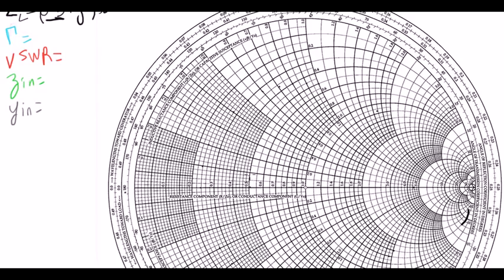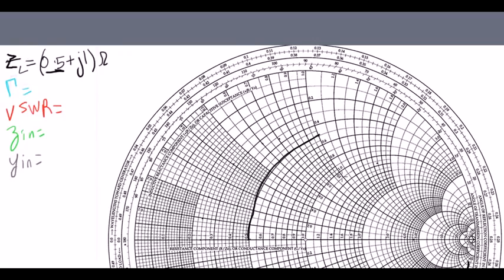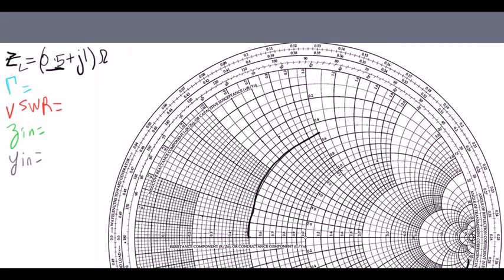You keep going. That's the curve for 0.5. You keep going all the way to your J1 part, which is the inductive reactance component. So that's your 1, and that's the curve for 1.